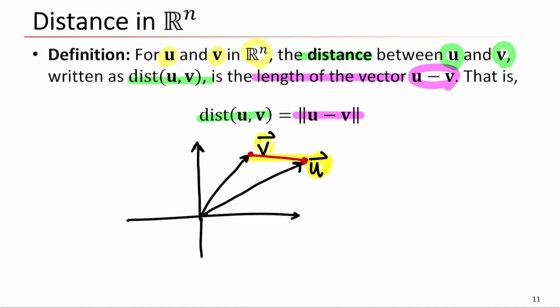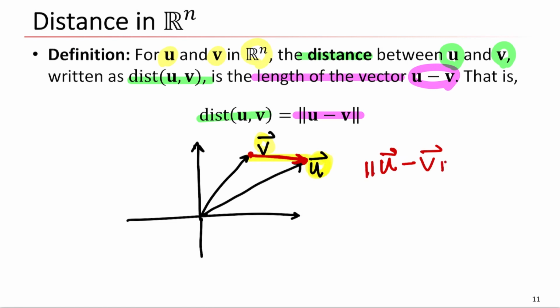Okay, we have a vector U here, vector V here. If you remember the vector operation, then U minus V is going to be this vector, right?